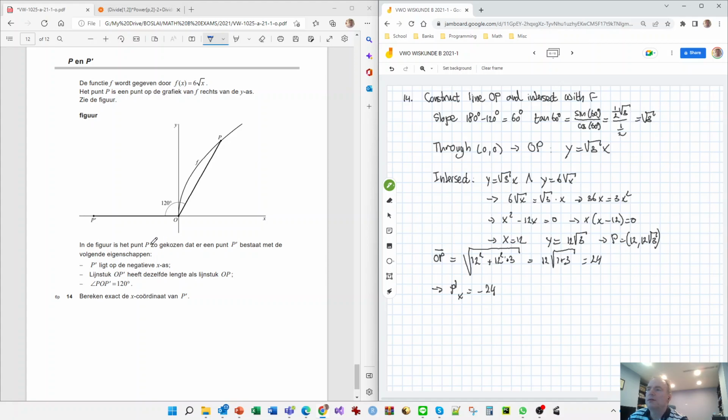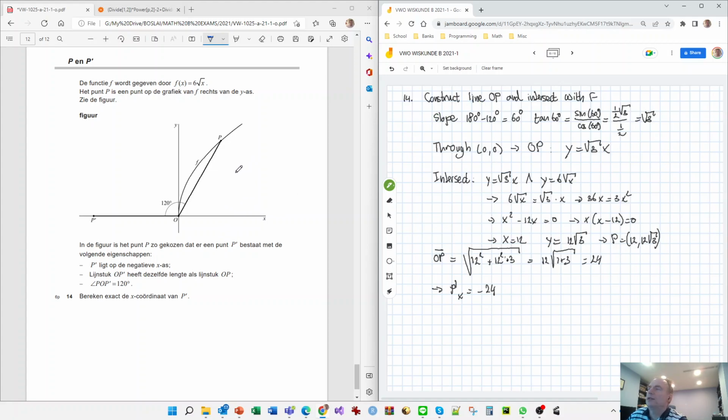And it's chosen so that there is some P prime with the following properties. It's on the negative x-axis, so y is 0. And this line segment has the same length as OP, and the angle spanned here at the origin is 120 degrees.